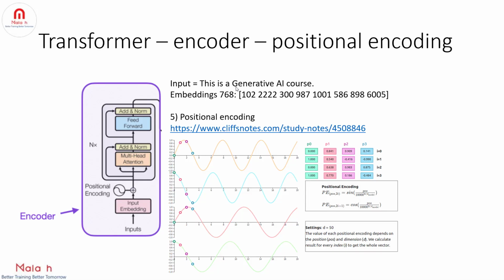So we need some continuous unique numbering system. If you use a plain index, it may not work because of huge amounts of data. So the solution they have given is to use sine and cosine functions to generate the positional encoding. That is, continuous unique numbering systems can be generated by using sine and cosine functions.